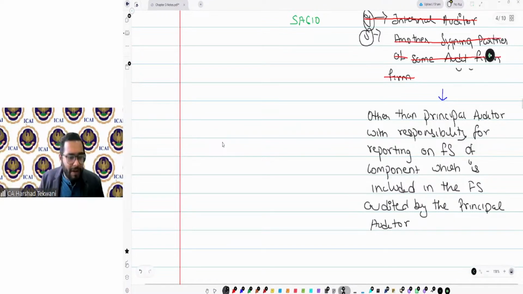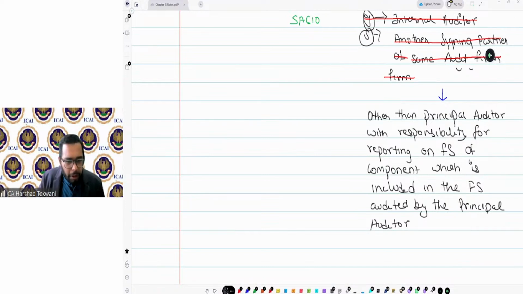Now, there are a few things that we need to understand in this definition. Number one, what is the component? Number two, who is the principal auditor? These are the two things we first need to understand.